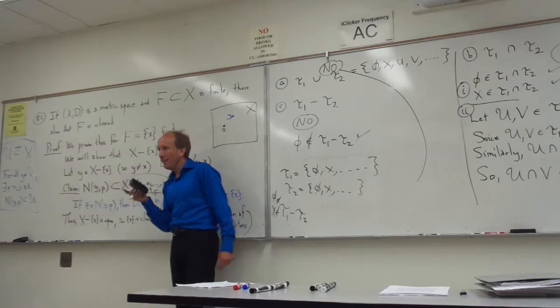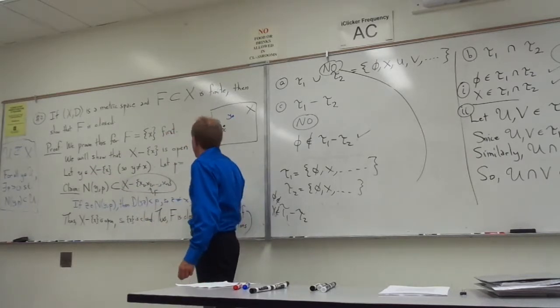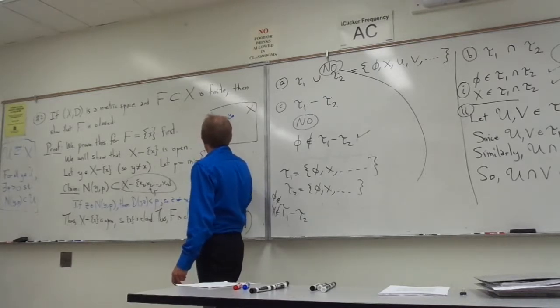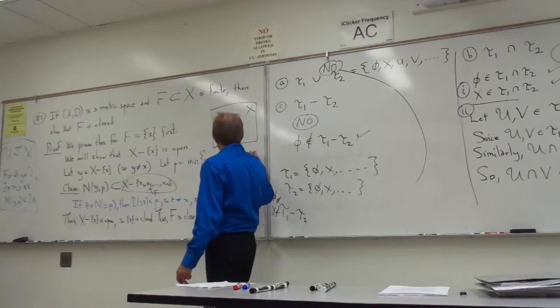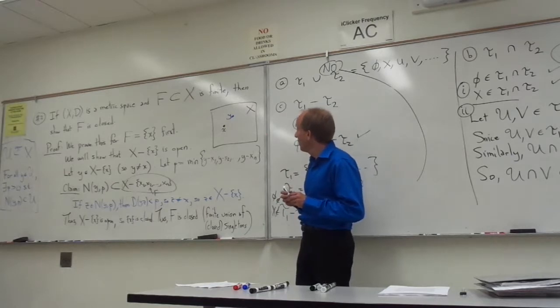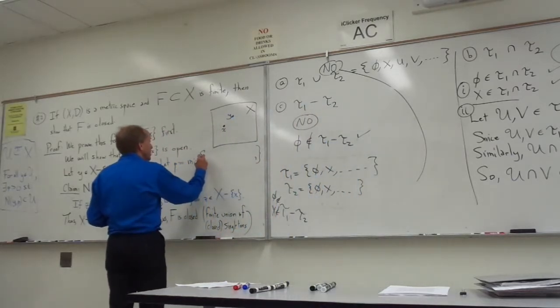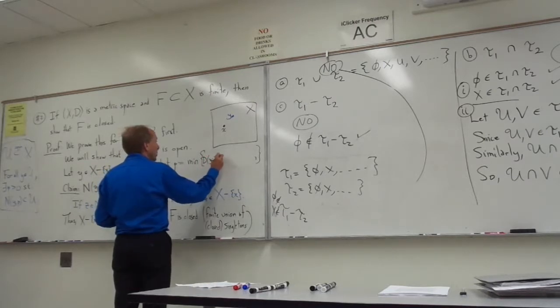And then what would you choose P to be? The minimum of all the distances between y and each of those. Yeah, that should be a distance. Sorry, distance between y and x1.